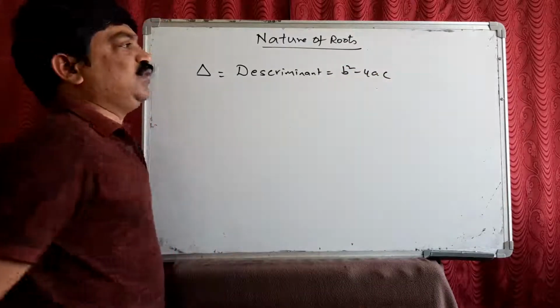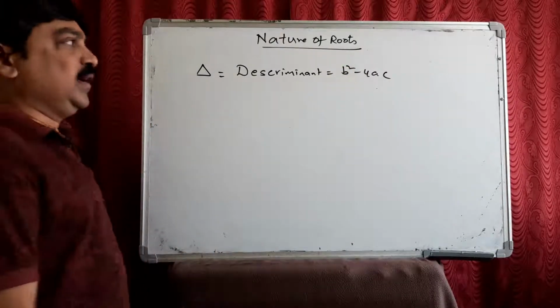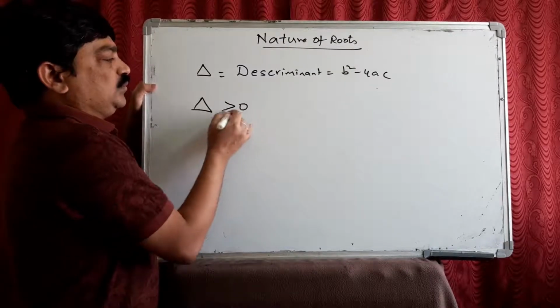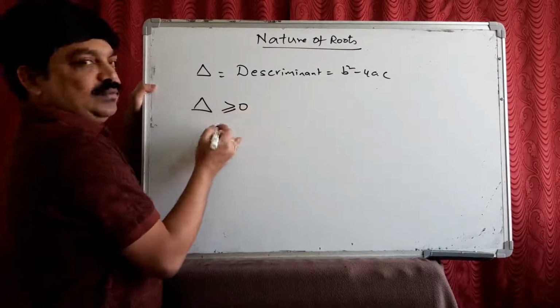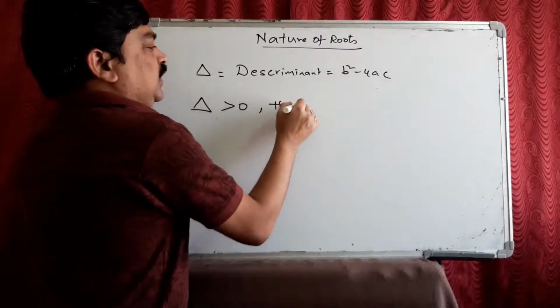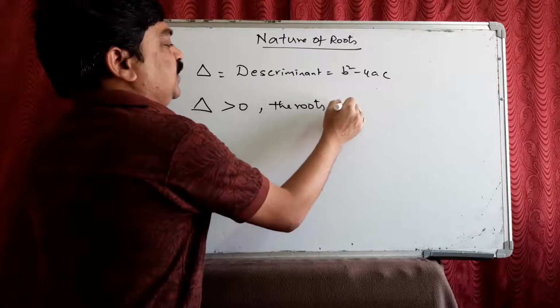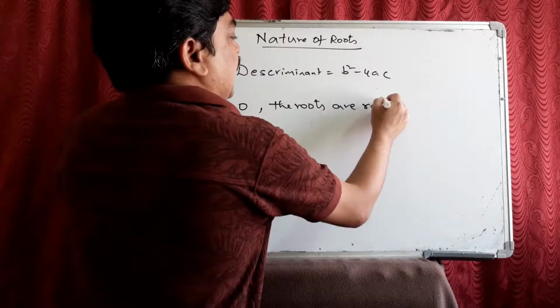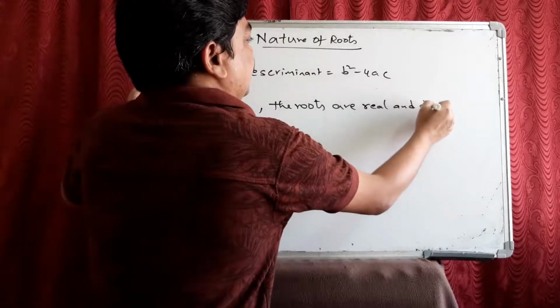This is the value b square minus 4ac. If this value is greater than 0, the roots, meaning the zeros or the factors, are real and distinct, that means different.